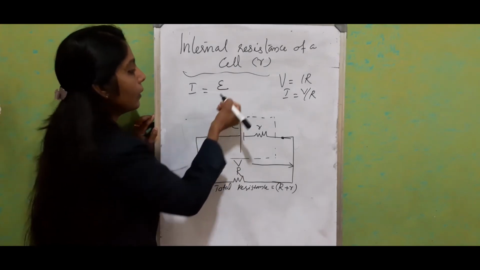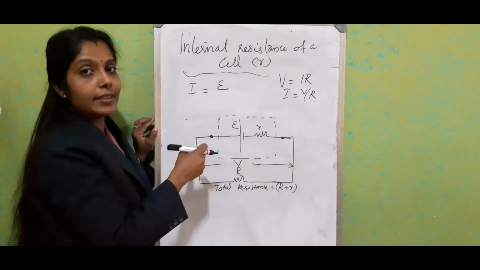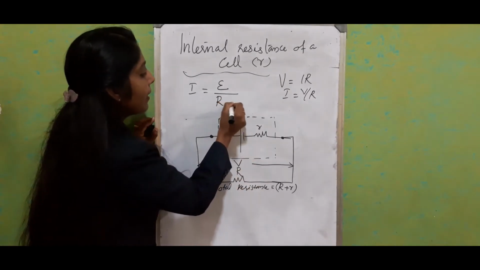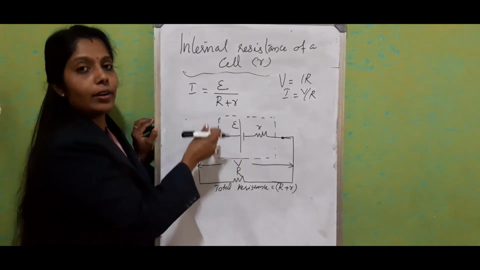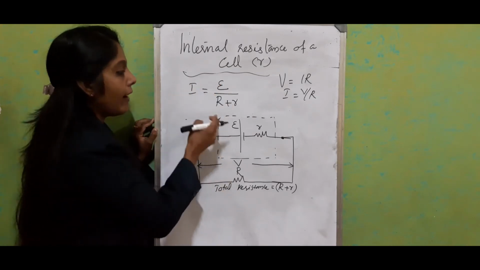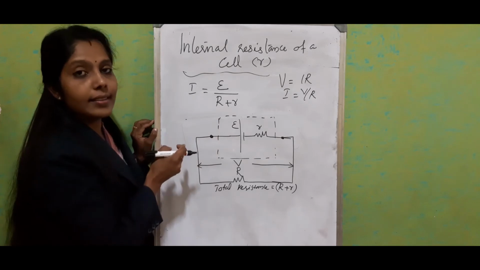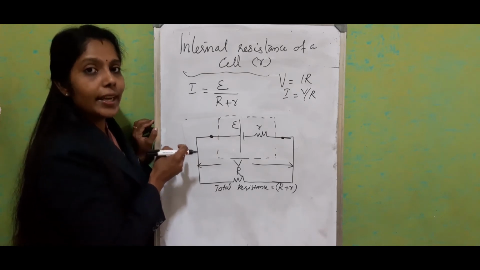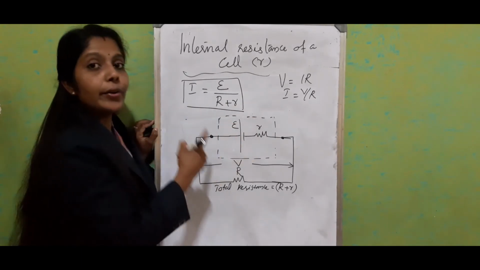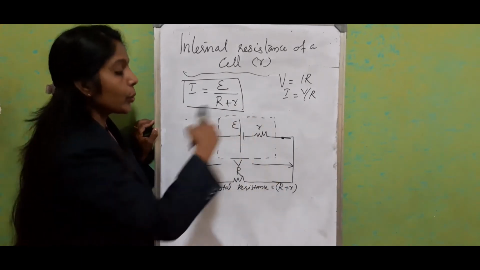It is epsilon, the EMF of the cell, divided by R plus r. The total available potential difference is epsilon, divided by the total resistance in the circuit. This is how we can find the current drawn from the cell.